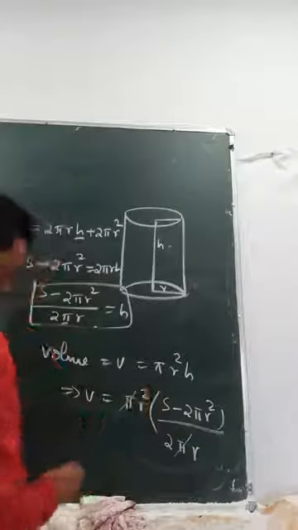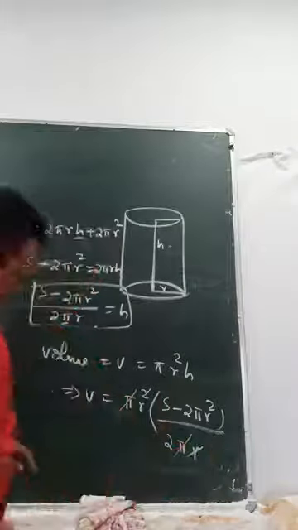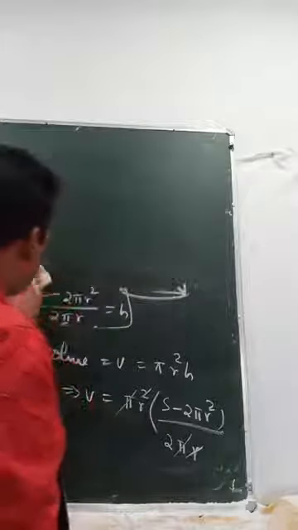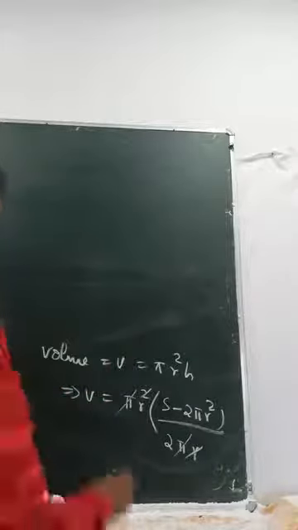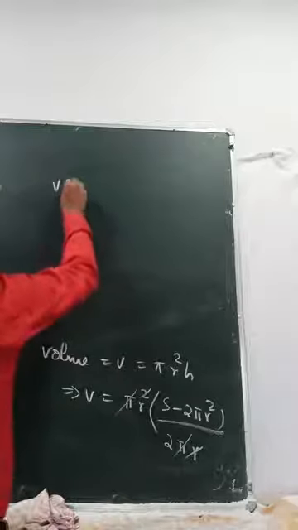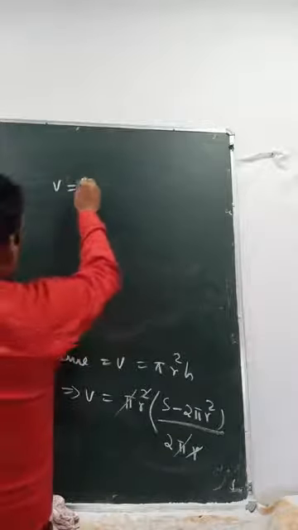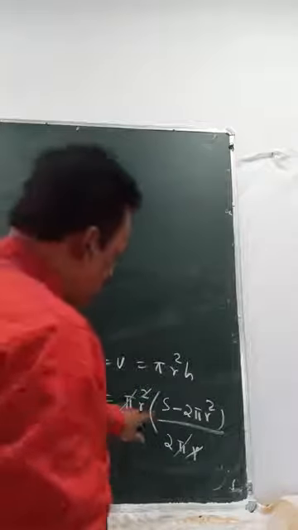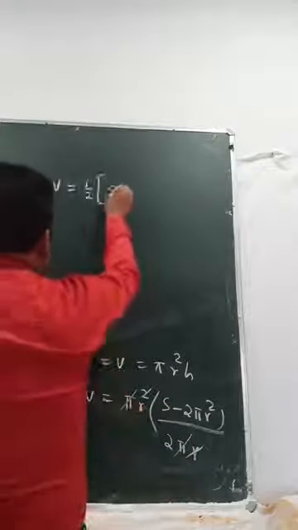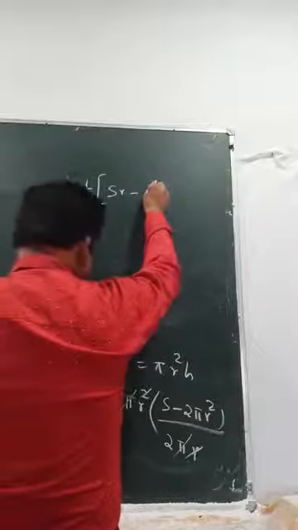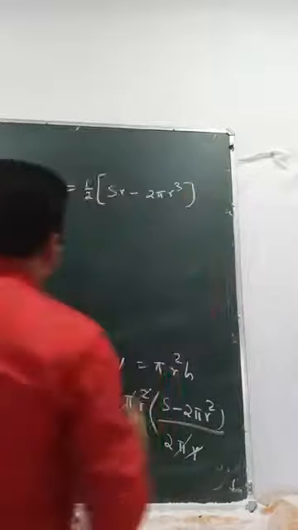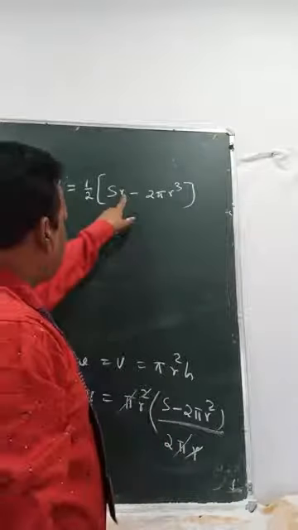Pi cancelled, one of the r is cancelled. So you are getting V equals 1 by 2 outside, S r minus 2 pi r cube. Now clearly V is a function of r.